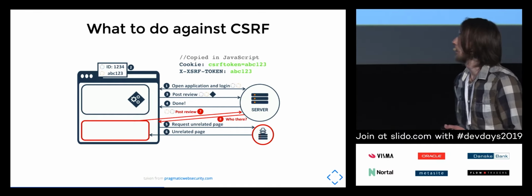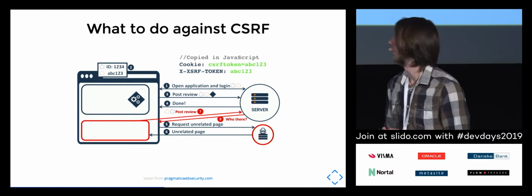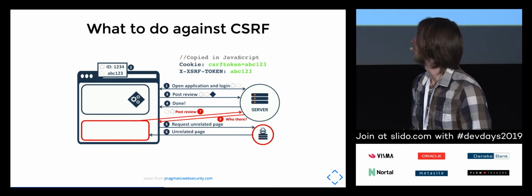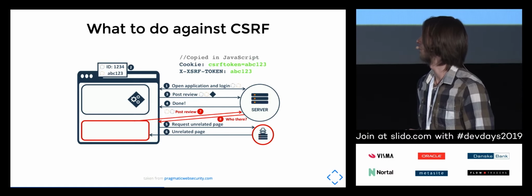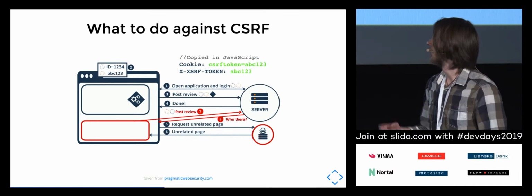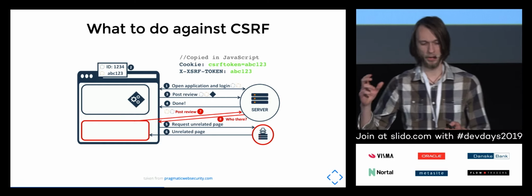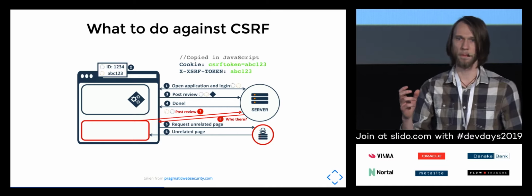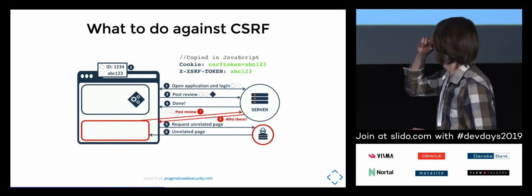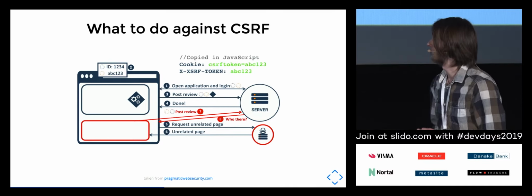So, the most used logic to fix the issue is to duplicate or to provide, like in a pair, a cookie and a security token. What does it mean?